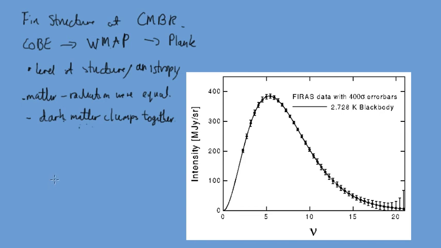So the dark matter has a gravitational attraction on the matter and radiation plasma.